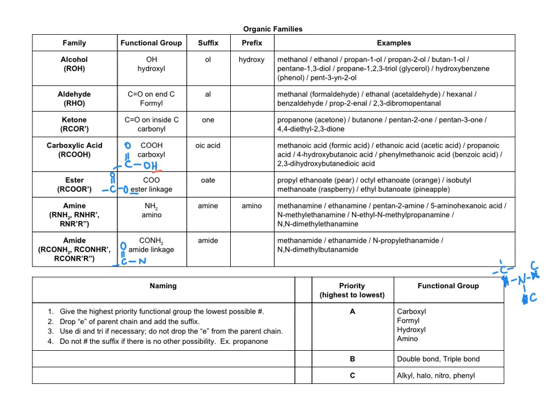All right, and the last box here on the bottom right gives you the list of priority. So I've organized this in three categories, A, B, and C. So anything in A is higher priority than B, right? And B is higher than C, which means that your alkyl, halo, nitro, and phenyl groups, which you were introduced to early, those are the lowest priority.